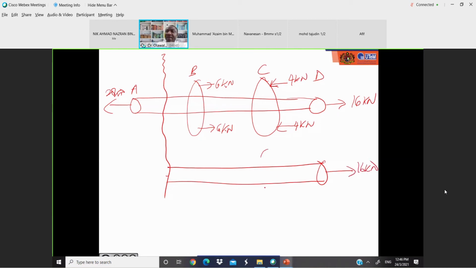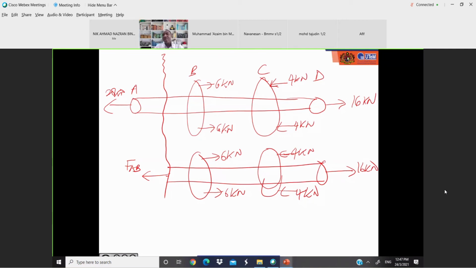Here there is 4 kN, another 4 kN, and here there is 6 kN, 6 kN. So this one will come this way, and this is my FAB. Faham ta faham? Now I cannot stop only here. Okay, let me just project this down. I cannot do it like this.